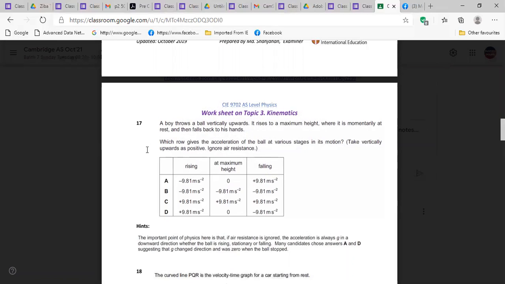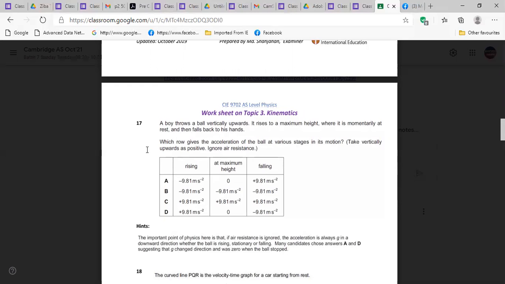Normally we take vertically upwards as negative, and when it's returning back, we take it positive, because when it is moving upwards it is working against gravity, and when it is returning back it is working towards gravity, right?